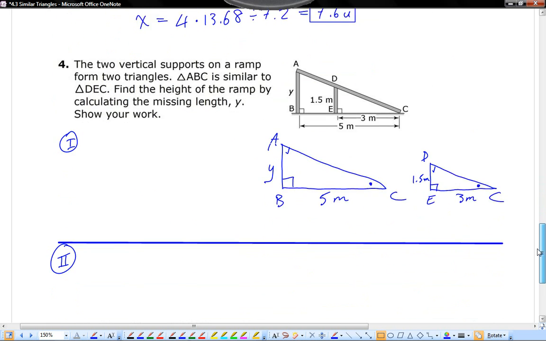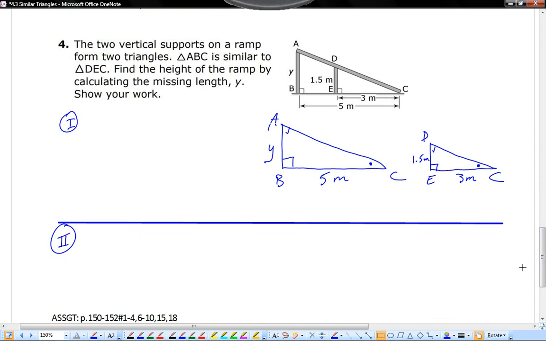So now let's take a look at another example. It's a little bit more tricky. In this one, what I've done is I've separated this triangle onto one side and this triangle onto another side of the page.